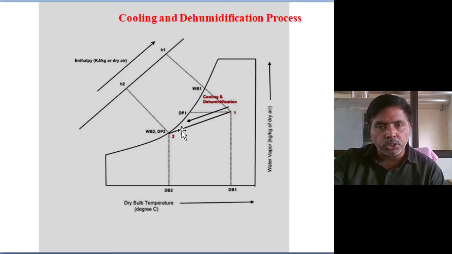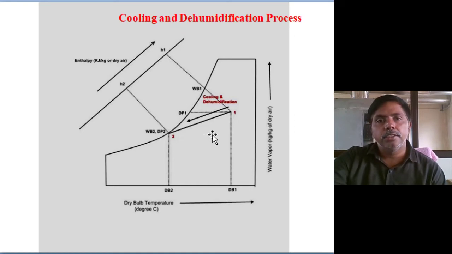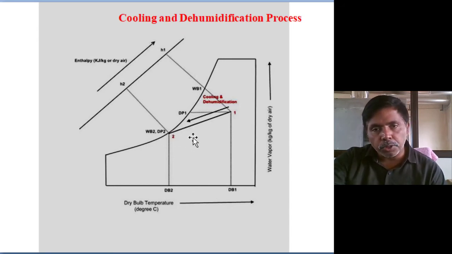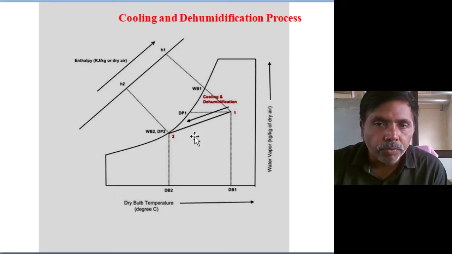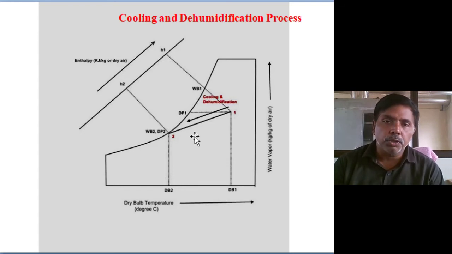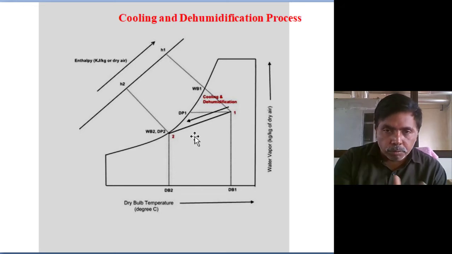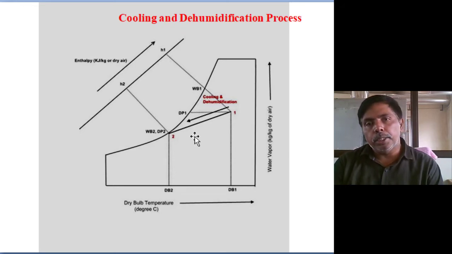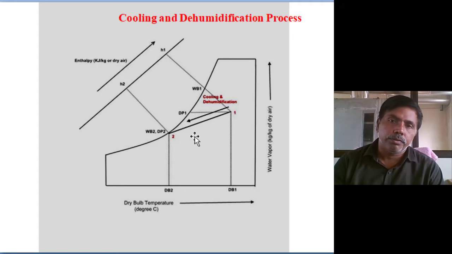You can stop in between, and again you have to heat the air because human comfort conditions are required. Dew point temperature is not a human comfort condition. Again we want to do some sensible heating up to this point. So we can achieve cooling and dehumidification by reducing the temperature to the dew point temperature.